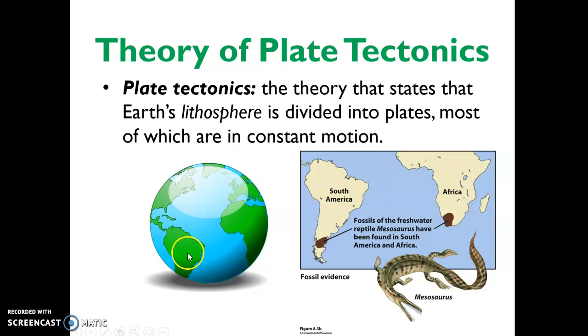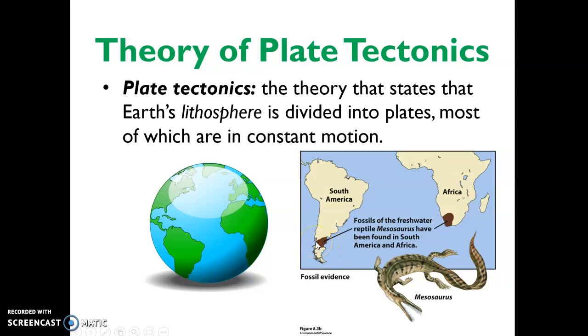So first, let's look at fossil evidence. In the example from your textbook, fossils of a freshwater reptile were found here in South America and here in Africa. Now, this is a freshwater reptile, and this is a great distance of salt water between them. So it would not make much sense that this freshwater reptile would be able to swim across the ocean and land here.